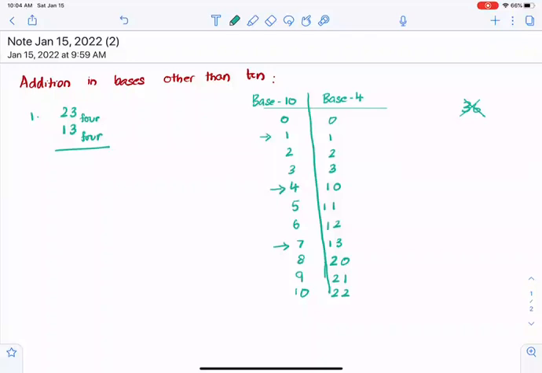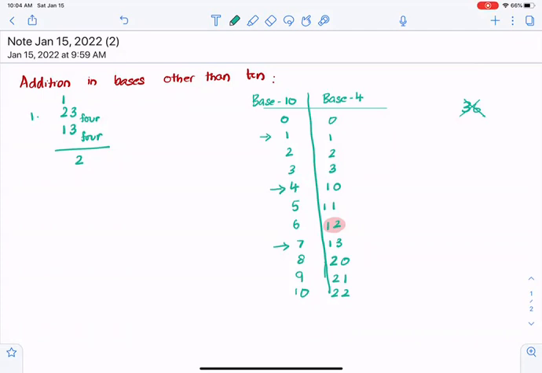So here I have 3 plus 3, which is 6. And I know 6 in base 10 corresponds to 12 in base 4. So once I recognize that, I would do regular addition. So 3 plus 3 is 6, writing it in base 4, 12. Write 2, put 1 there. So regular addition, 1 plus 2 plus 1 is 4.